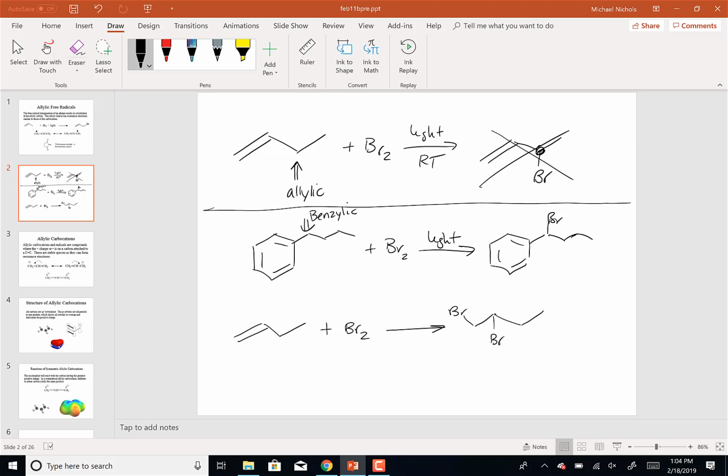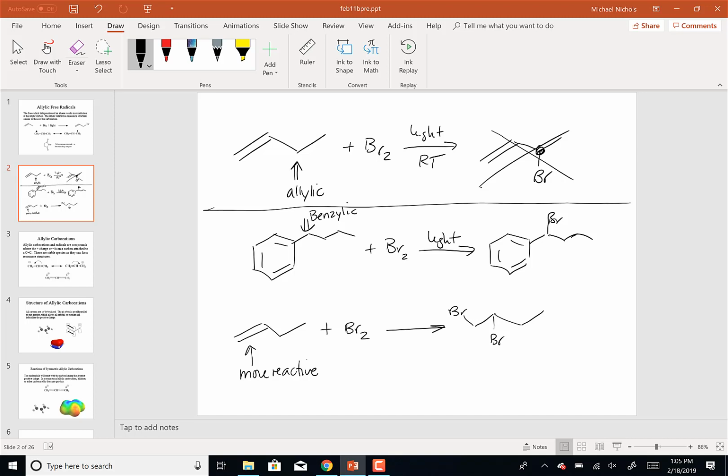So whether there's light or heat present, the bromine is going to basically do addition to the double bond. So adding light or heat doesn't help me in terms of doing free radical halogenation, because the double bond portion is going to be much more reactive to bromine. That means that if we add bromine, I can't control with the double bond whether it adds or whether it does free radical halogenation.